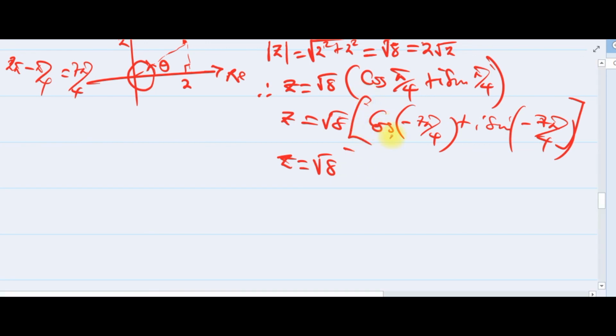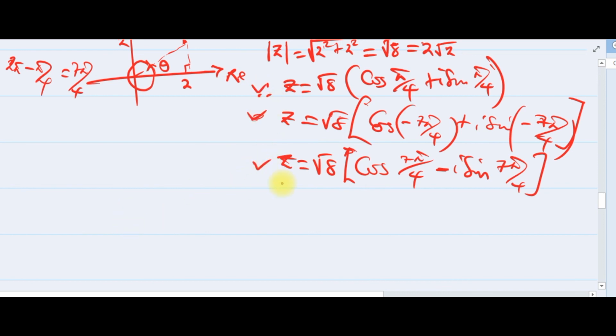Remember, cosine is an even function, so we don't need the negative sign, which gives 7 pi over 4. Sine is an odd function, so the sine of a negative angle is negative. So the answer could be this or this.